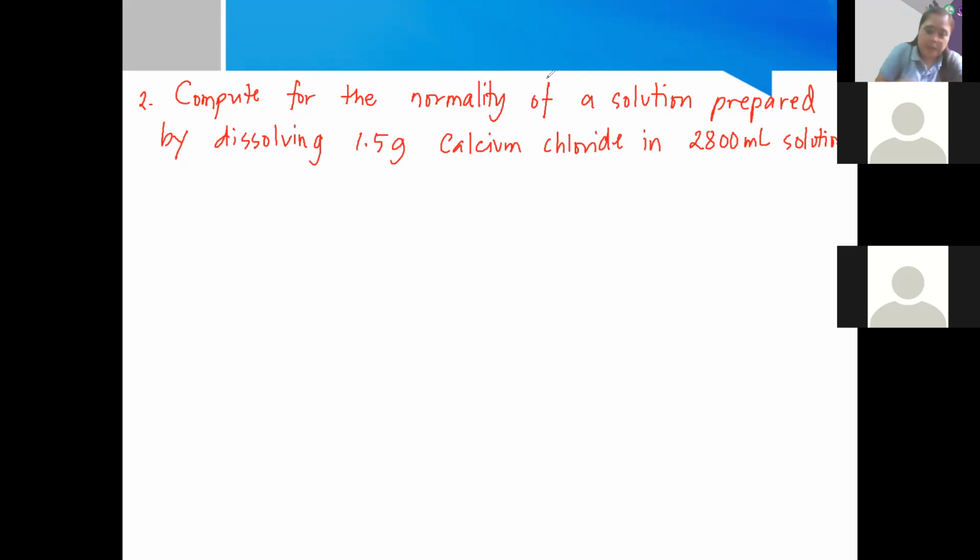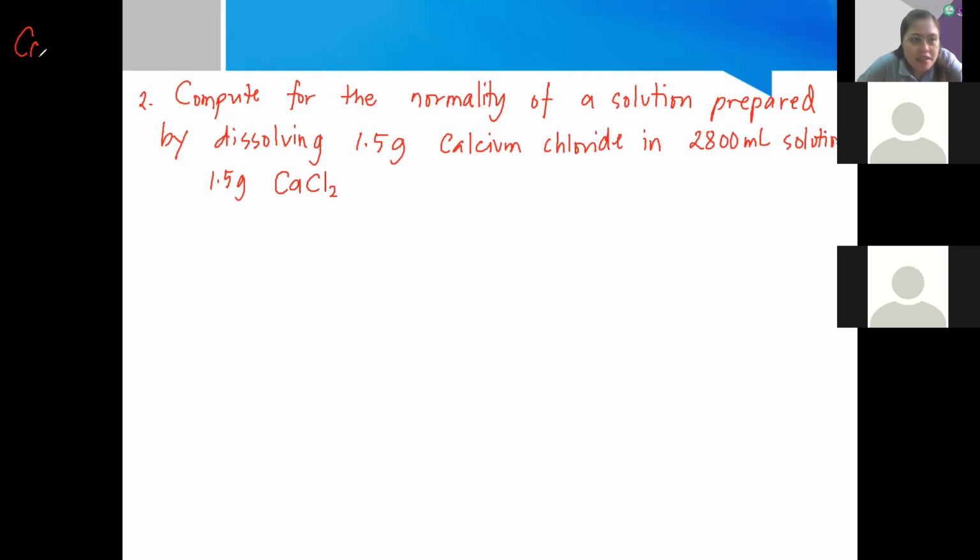Okay, sige. Let's answer this. If we try to understand the problem, the solution formulated here is 1.5 grams of calcium chloride dissolved. Calcium chloride is CaCl2.